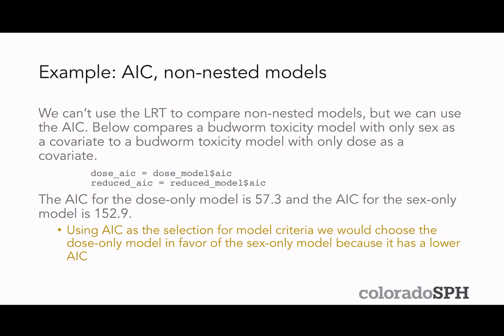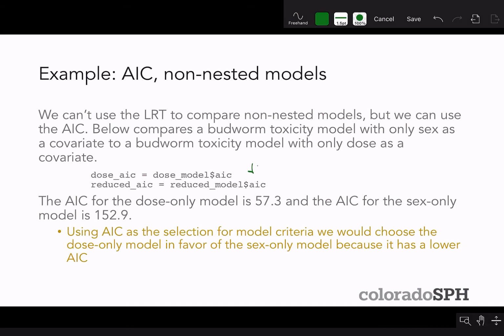We can't use the likelihood ratio test to compare non-nested models, but we can use AIC or BIC. So in the previous slide, I ran that dose model, which has only dose in it. And we want to compare to a model that has only sex. These are non-nested models.